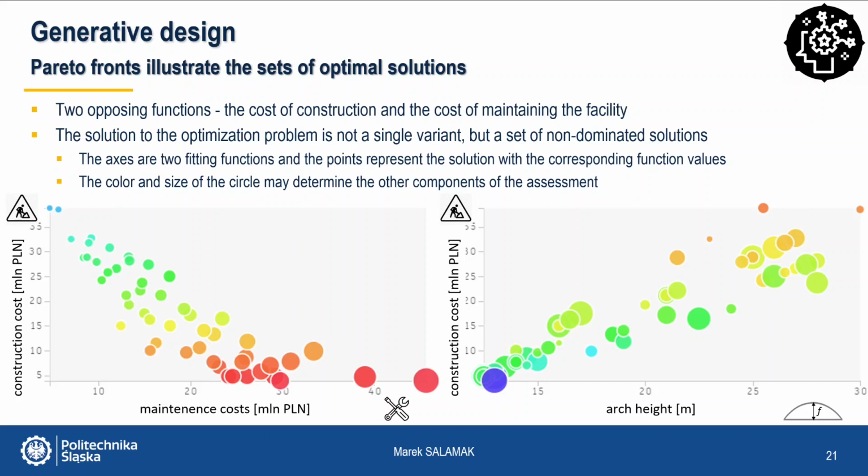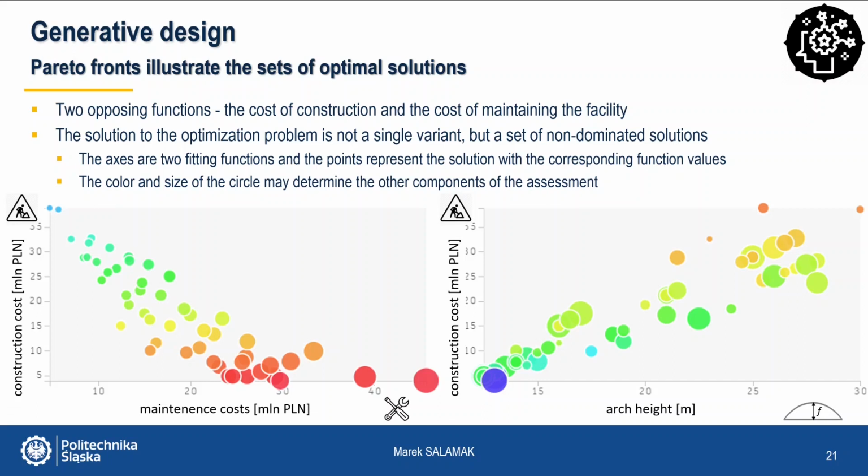They are often depicted in graphs, with the vertical and horizontal axes describing the two different fitness function values. They are then plotted as points on the graph representing a specific solution and its corresponding evaluation function values.